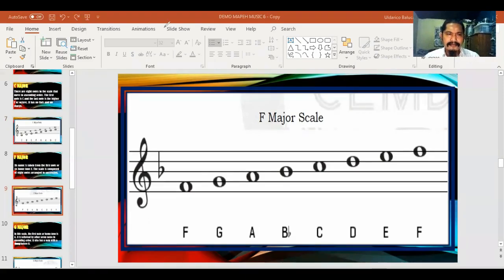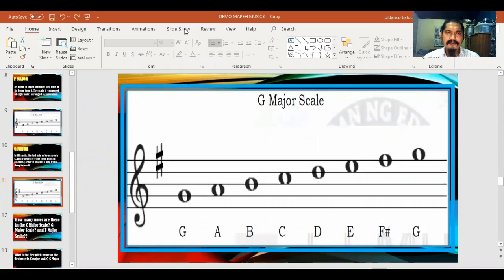And on the G major, the first pitch name is G. Ayan.